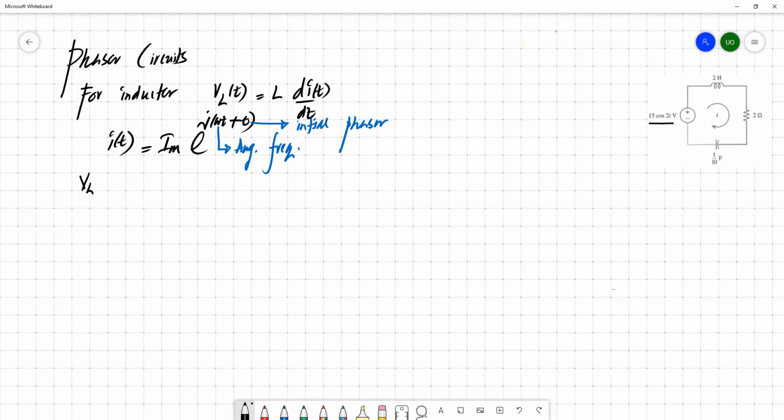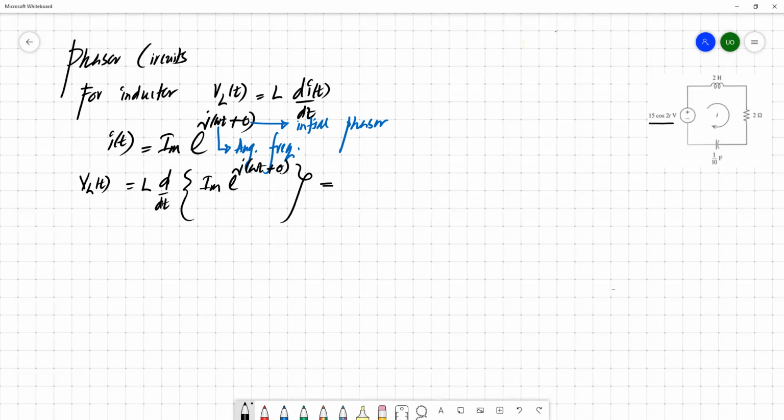Then vL(t) equals L times the derivative of this current, Im e to the power j(omega t plus theta). This theta is independent of t, so we can treat e to the power j theta as a constant. So we can bring the Im e to the power j theta component out of the derivative.